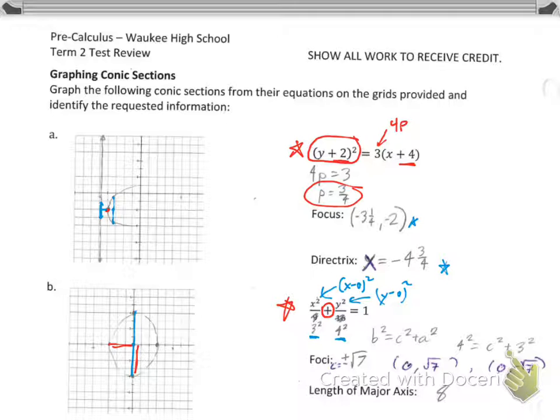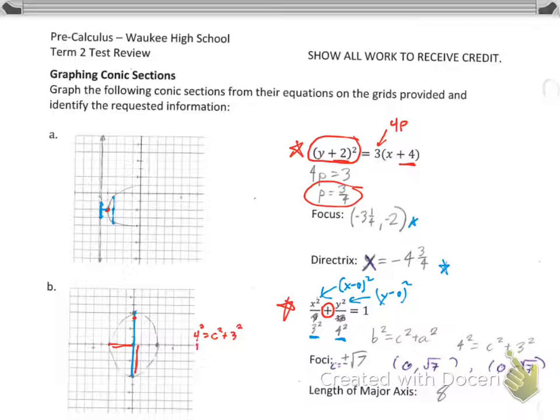Now, the focal point is somewhere inside the ellipse, and it's going to be smaller than the 4 units it takes to get from the center to the major vertices up and down. So for this one, your biggest dimension is going to be 4 squared, and that's going to be equal to the sum of the smaller 2 dimensions, which will be c squared and 3 squared.